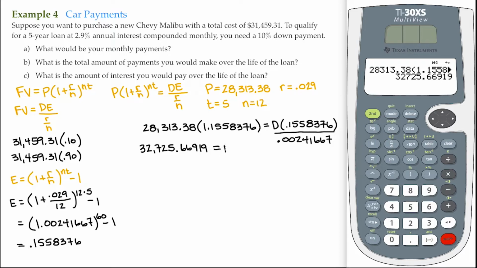That's going to be equal to D, and then I'm going to take 0.1558376 and divide it by 0.002416667. So this is 64.48443519. We're still going to go with that 8 decimal points as a rule of thumb.